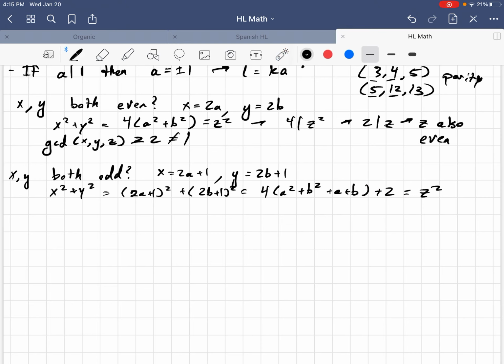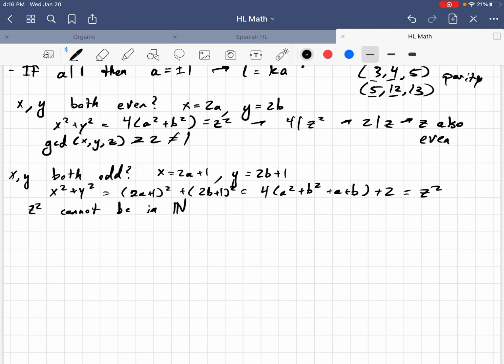So the point that I'm trying to make is that if we're considering natural numbers, Pythagorean triples, natural numbers, then Z squared cannot be in N, because there is no perfect square that is a multiple of 2 but not a multiple of 4.